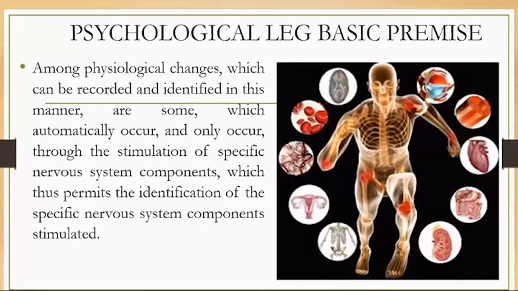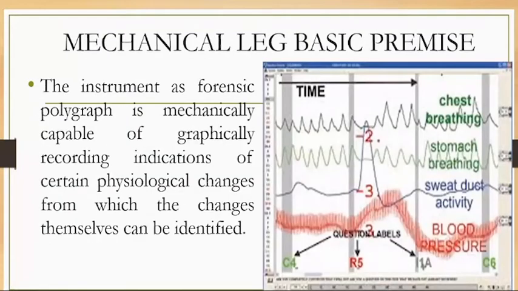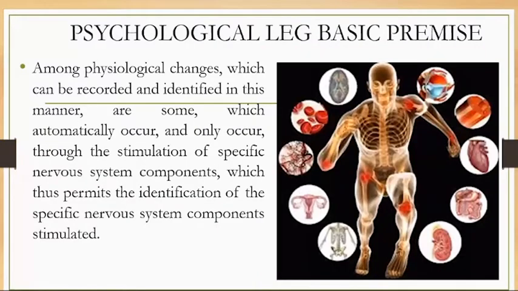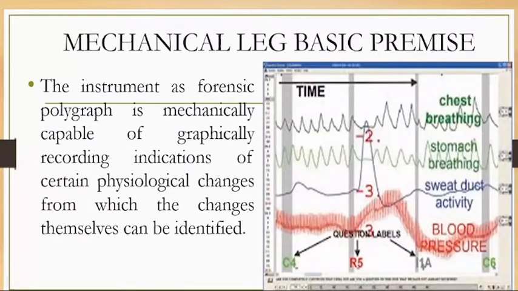That's why it is a combination of the brain and the physical parts. That's why we say physiological changes. These two, the psychological and physiological parts, are included in the legs.